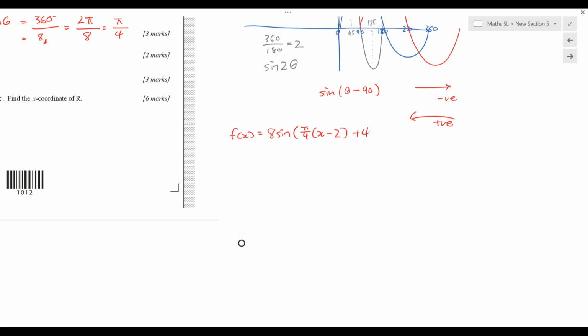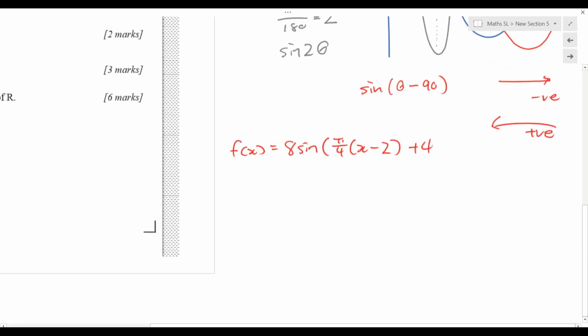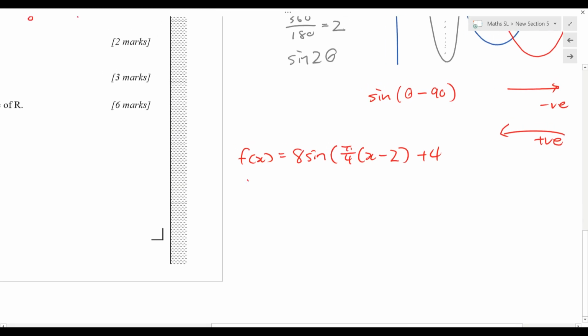Okay, so now we're trying to find the differentiation of this equation. So f dash x, we need to use first the trigonometrical differentiation function.